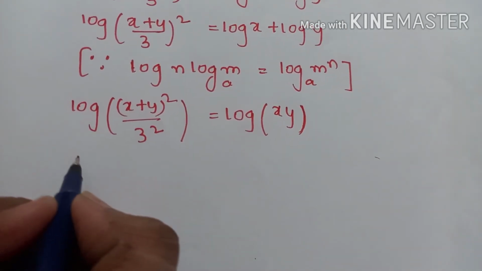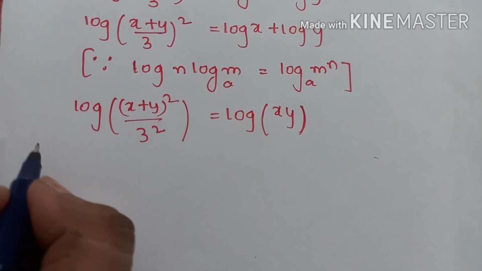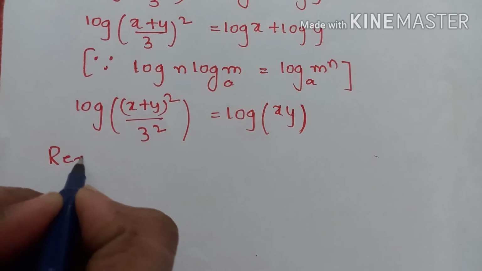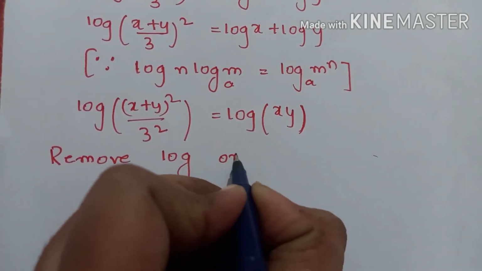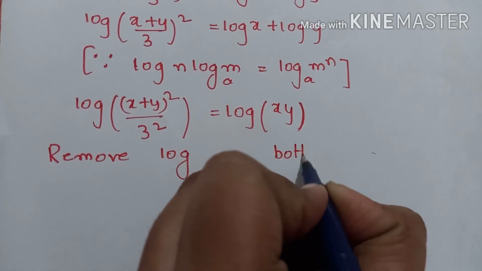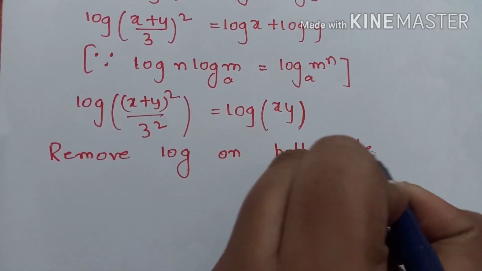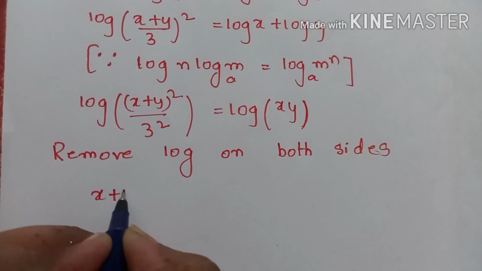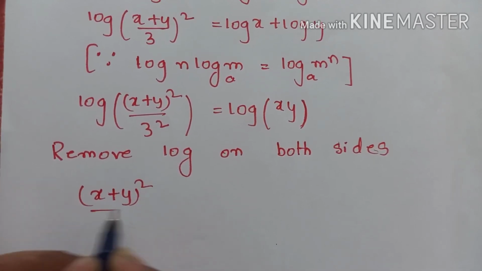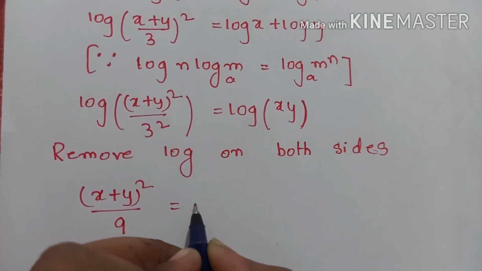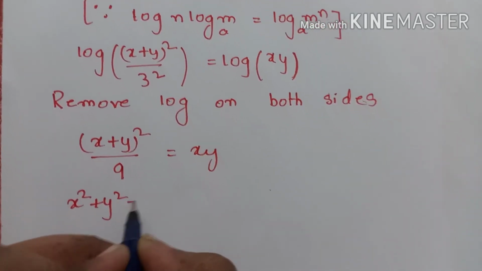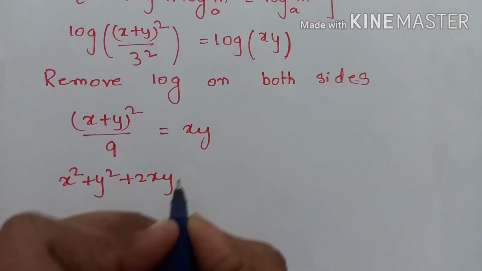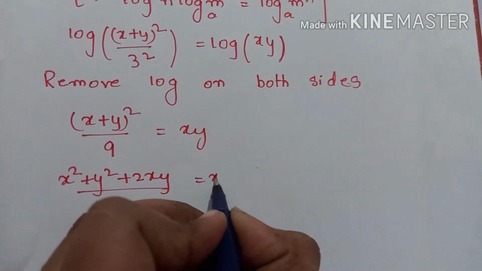And now removing log on both sides, we are left with (x plus y) whole square by 3 square, which is 9, equals xy. So x square plus y square plus 2xy by 9 is equal to xy.